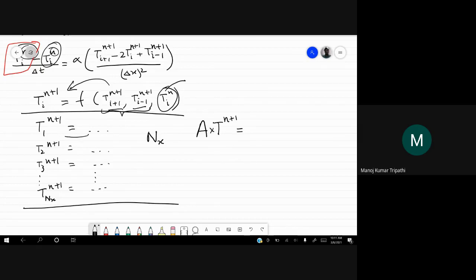So we have to rearrange this equation a little bit, take all the n plus 1 terms to the left hand side and all the terms at time step n to the right hand side. This is discussed in the previous recorded lecture, so you can go through that. So on the right hand side you have Tn.